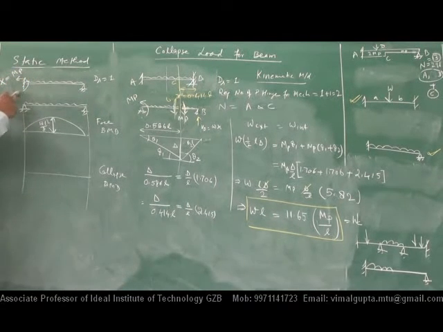The redundant is only one, and consider that redundant value as MP. So the value is this MP. Here it is 0. Then it is this. This is the redundant BMD at collapse, at plastic state.